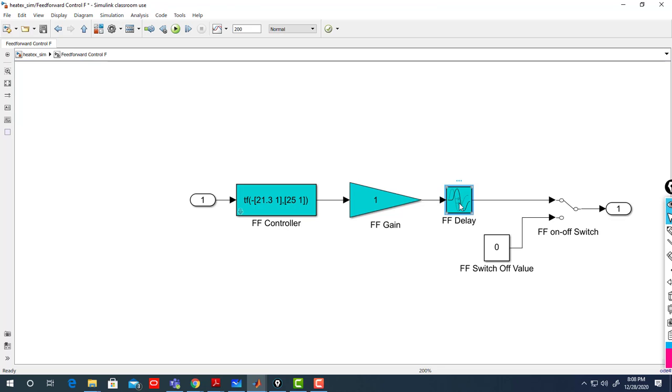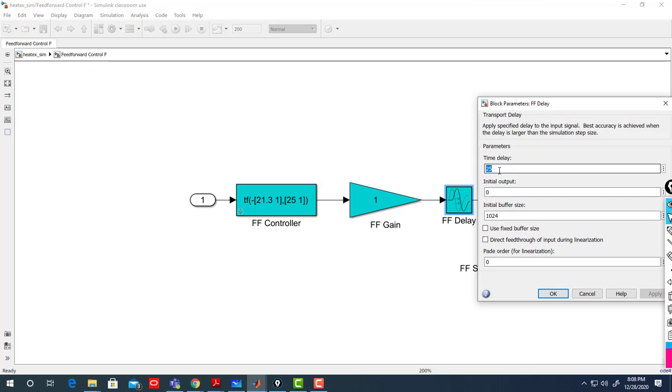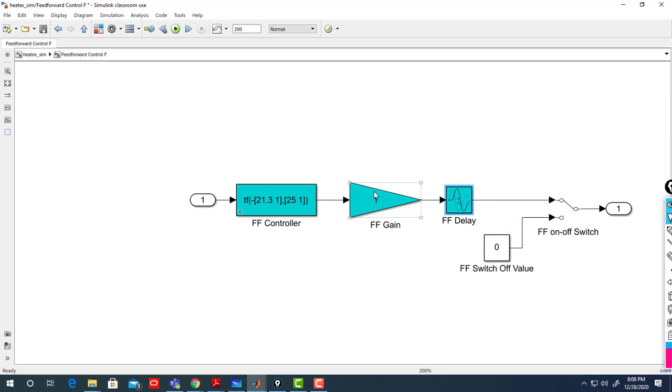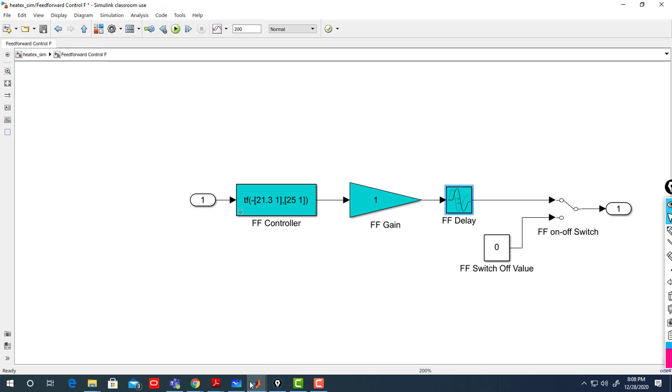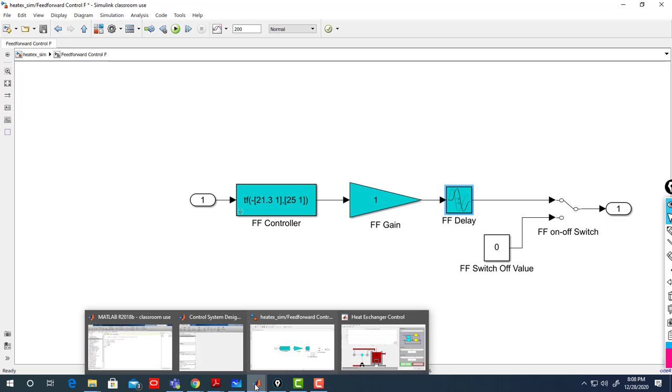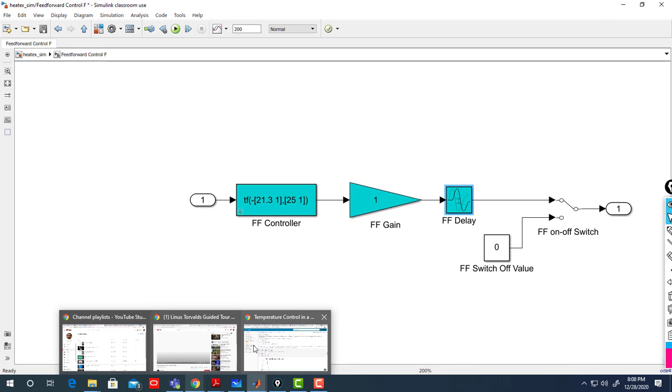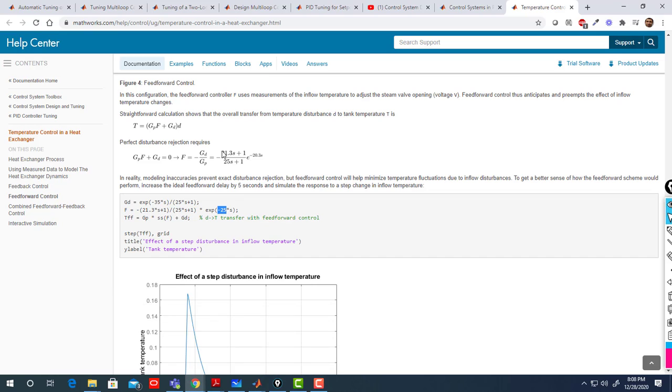So here's the delay, they take it 25, you can change it to 20.3 as in your calculation. And this is again just 1, means nothing, but you can also change it to reflect a more realistic scenario. Like you can change the delay, but also you can change again here to reflect a more realistic scenario.